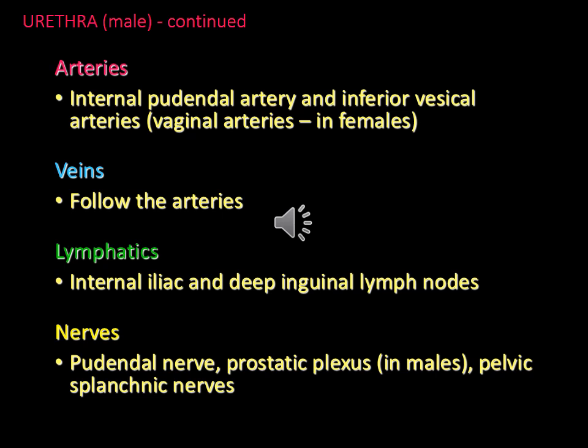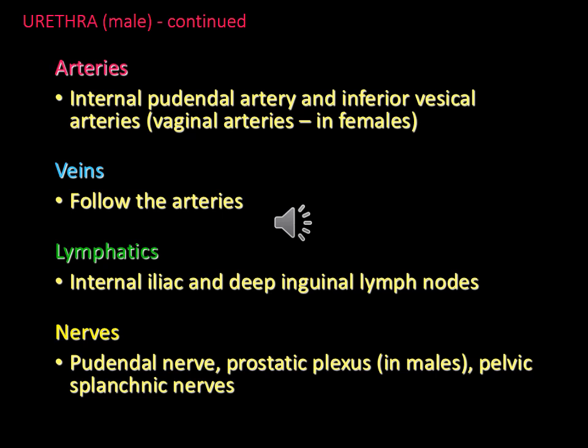Here there is one point I would like to tell you. If you remember the femoral sheath, we say that the medial-most compartment is called the femoral canal, and in this canal there is a lymph node called the lymph node of Cloquet, which belongs to the deep inguinal lymph nodes, and the glans penis or glans clitoridis, as the case may be, will be draining into this lymph node, which is called the lymph node of Cloquet.